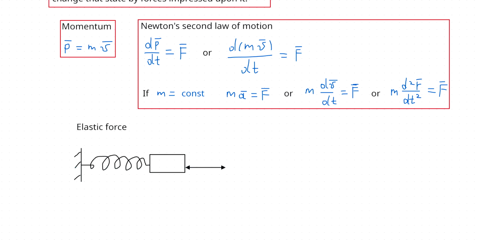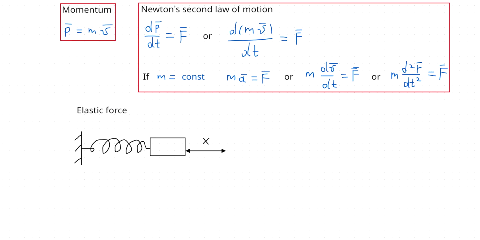Elongation that we will mark as x. Of course, it will not be easy to elongate the spring because we have elastic force in the spring that tries to prevent the spring from elongation or extension.